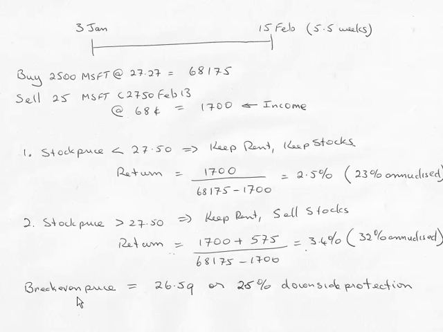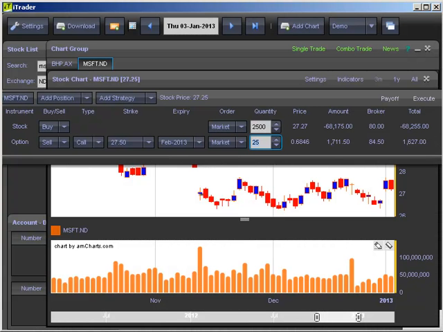Whereas because we've rented our shares out, our break-even point has dropped to $26.59. That's a 2.5% downside protection on our stock. So not only do we get income, we also get protection on the downside, which is why this strategy is so good.